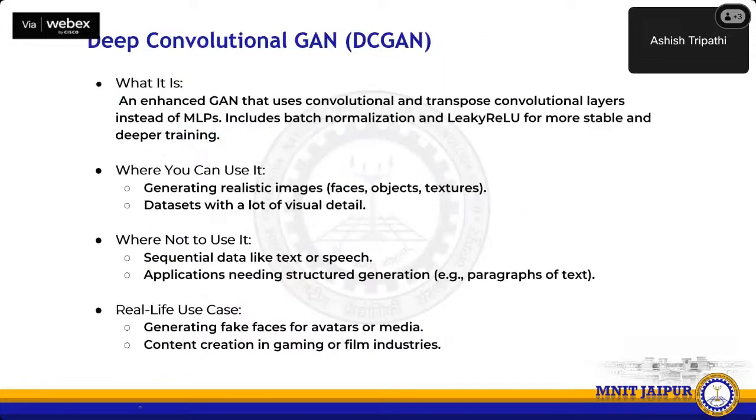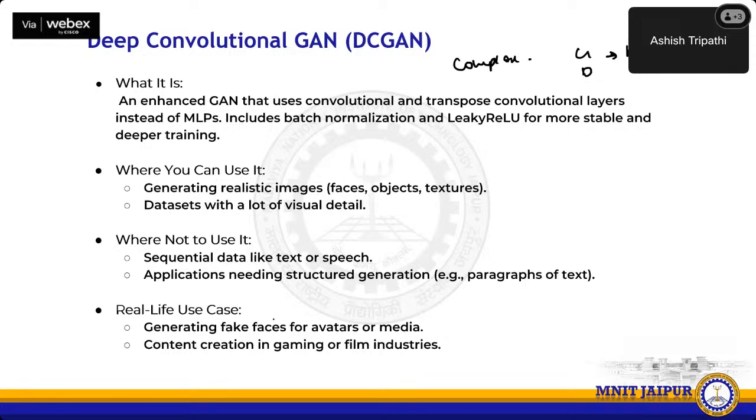Now I'm talking about the DCGAN. What is the limitation of simple vanilla GAN? I have told you that it is not good for complex images, because the generator G and discriminator D are simple multi-layer perceptron models. But if I am using deep networks as the generator and discriminator for processing complex images, then this is called a deep convolutional GAN.